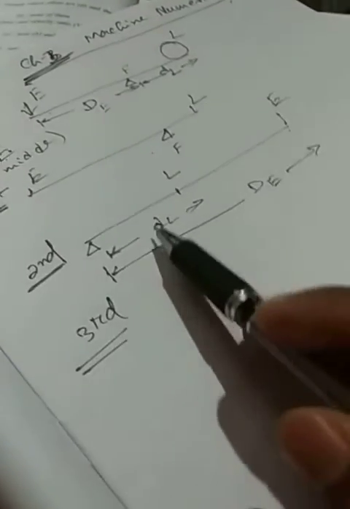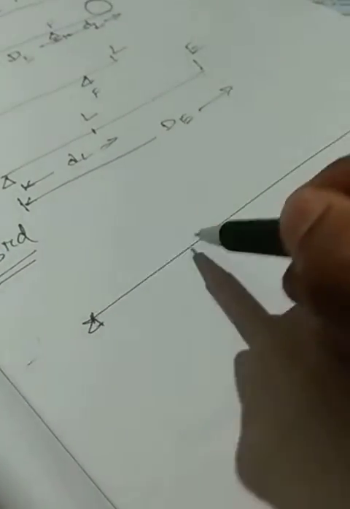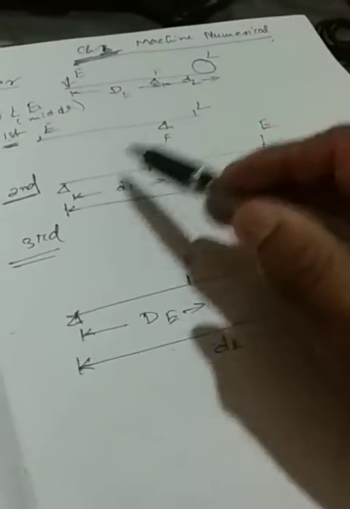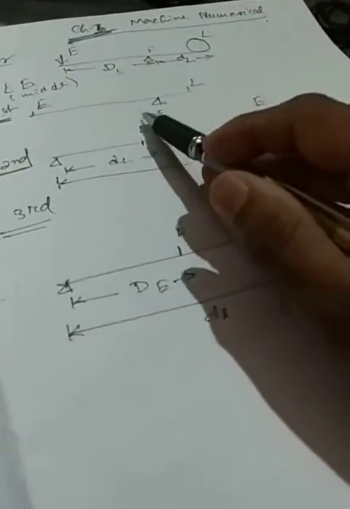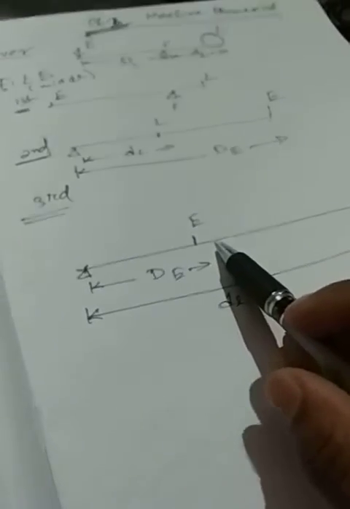So this is called a second class lever. The third class lever is also the same: the fulcrum is here, the effort is in the middle and the load is at the corner. This is the effort distance and this is the load distance. So this is the first class lever, second class lever, third class lever. First class: fulcrum in the middle. Second class: load in the middle. Third class: effort in the middle.